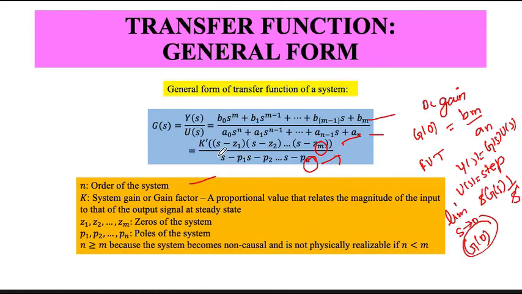Over here these brackets are factors of the above polynomial. So if I put s equal to 0 in this equation, the DC gain would be K dash times the product of zeros over the product of poles.